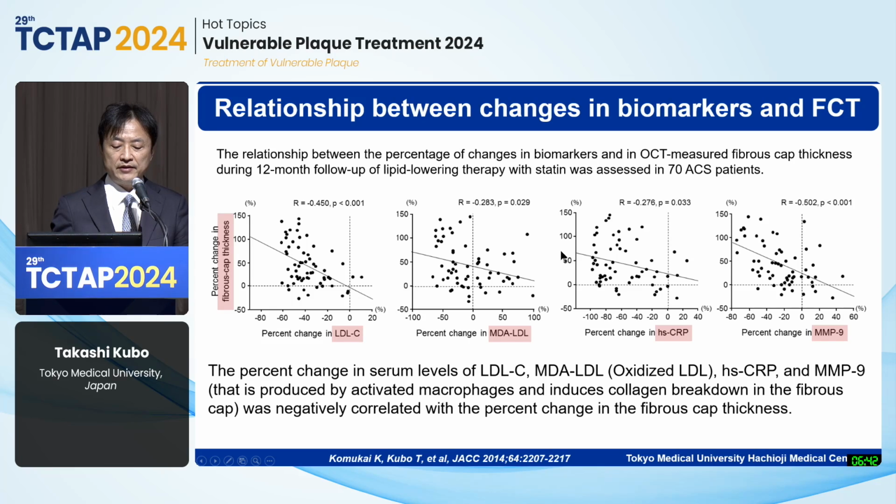Also, the % change in the serum levels of LDL cholesterol, high-sensitivity CRP, and MMP9 was negatively correlated with the % change in the fibrous cap thickness.